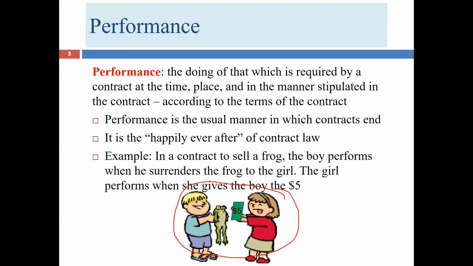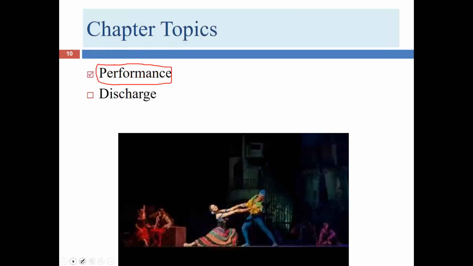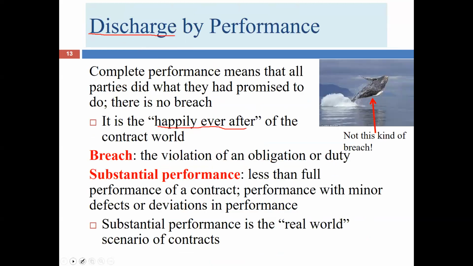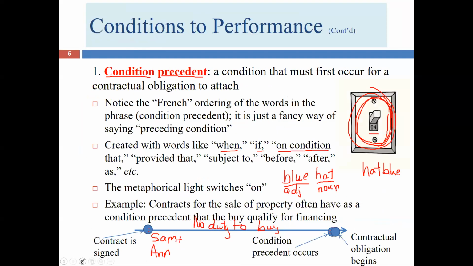And Bobby doesn't bring back the frog. Bobby just leaves with Sally's $5. Well, in that situation, Bobby has breached, right? What is a breach? It's the violation of an obligation or duty. It's the failure to perform when you were required to perform. So, of course, Sally can sue Bobby under those circumstances.